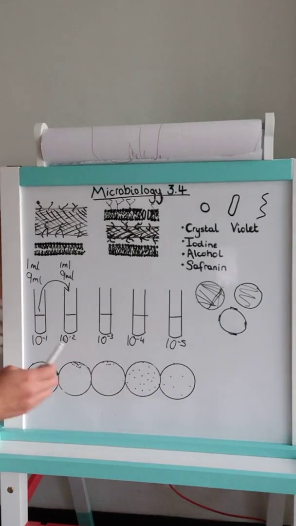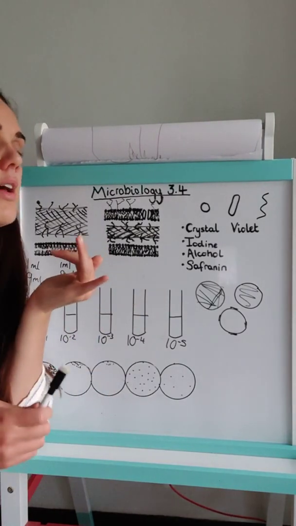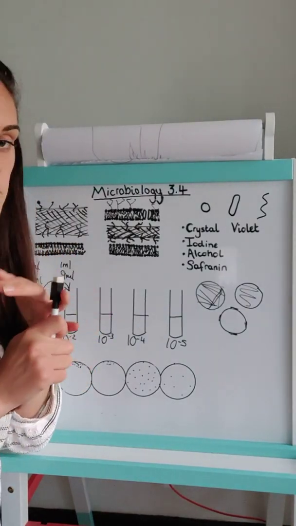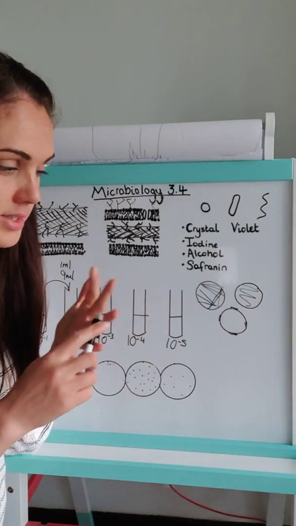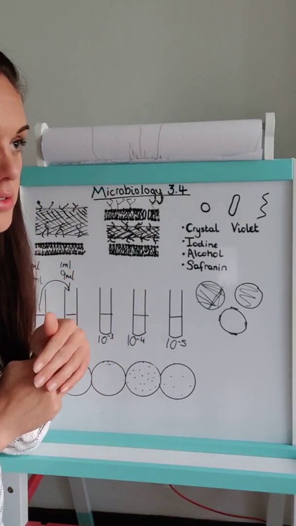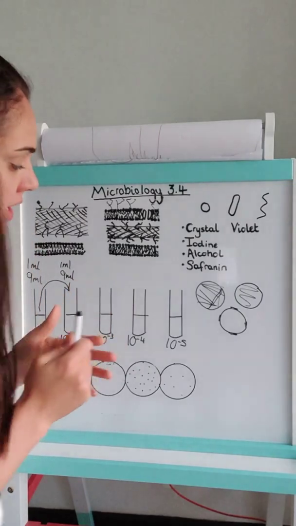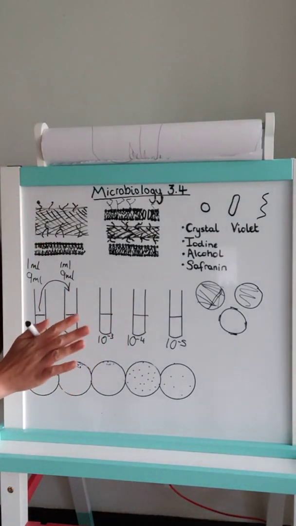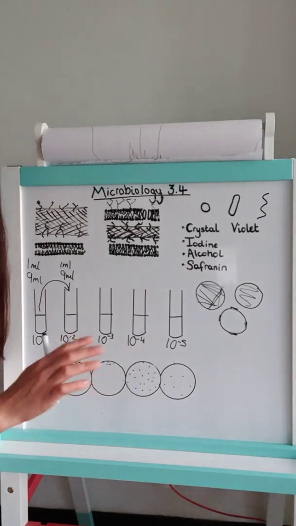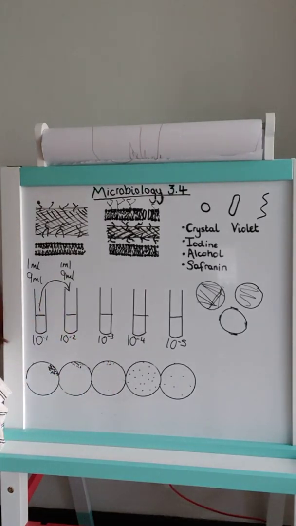The nutrient agar, this is one of your questions that a couple of you struggled with. The nutrient agar has to contain the carbon that they need, the nitrogen that they need, growth factors, vitamins and minerals, and the correct pH. Water is not really, because it would have to be the correct amount of water to make the jelly the right consistency.